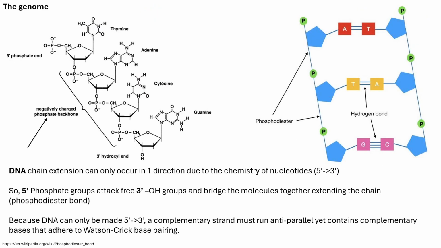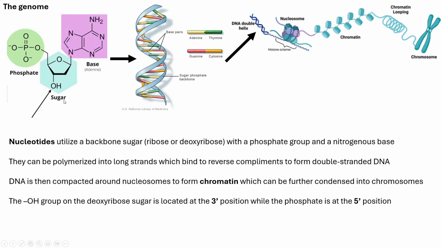So moving on, the actual genome is constructed in a very specific fashion. The DNA chain can actually only be extended in one direction due to the chemistry of the nucleotides. It will always build in that 5' to 3' direction. You have this phosphate group that I was showing earlier, and the big deal is that the phosphate can only attach to this 3' OH group.